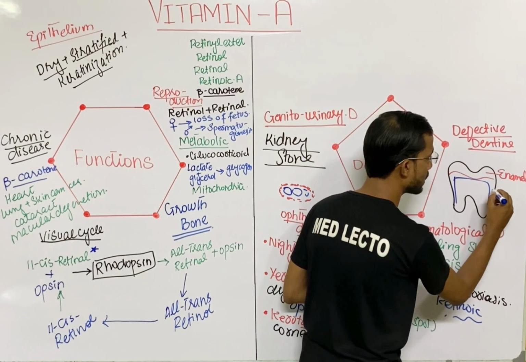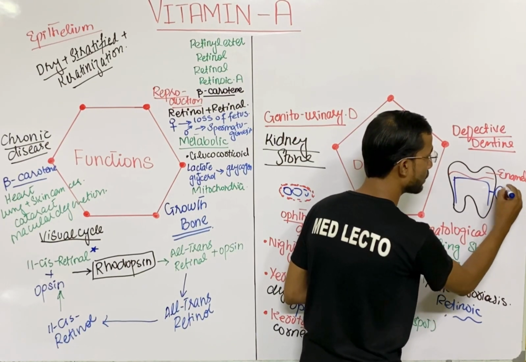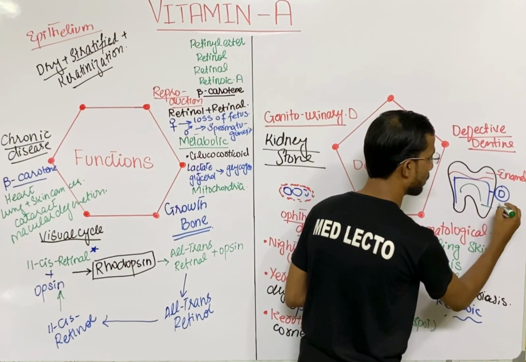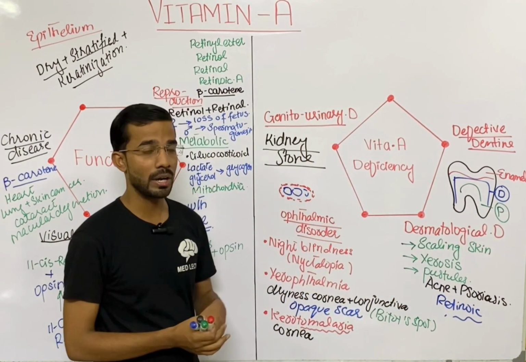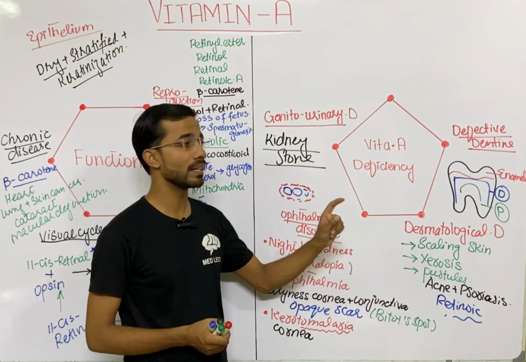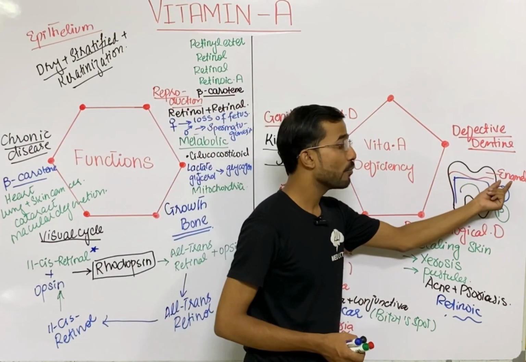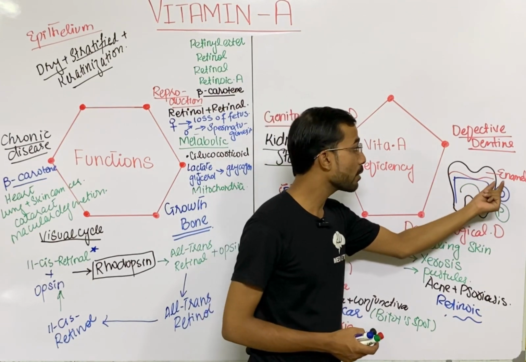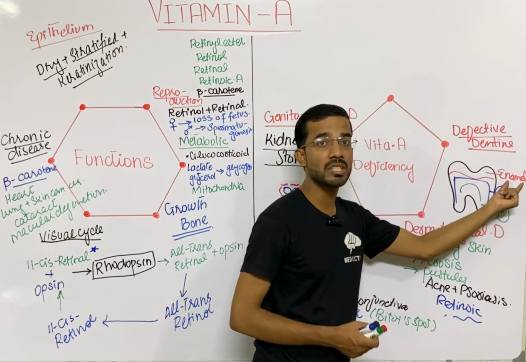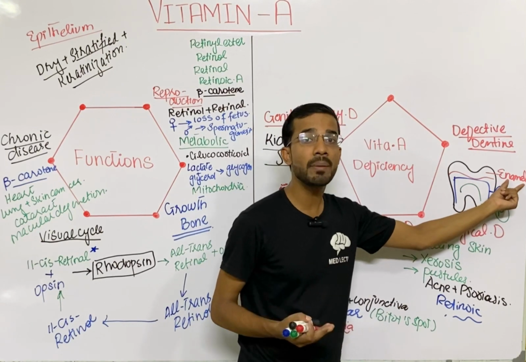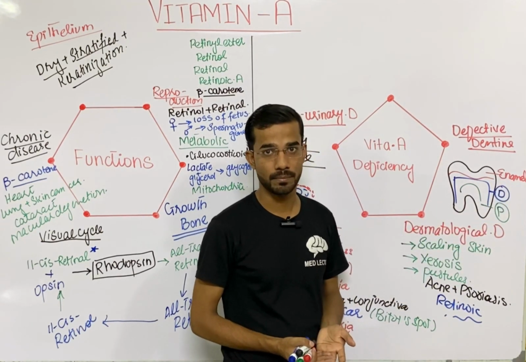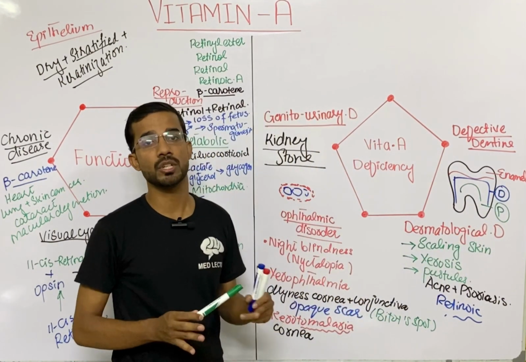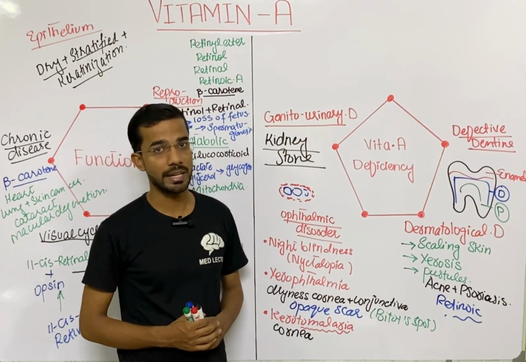The second component is the dentine, and the last component is the pulp. So here are the three components: enamel, dentine, and pulp. When there is a deficiency of vitamin A, the formation of enamel will be disrupted, and ultimately you will see dental caries. So vitamin A interferes in the proper formation of enamel, and ultimately you will see dental caries.